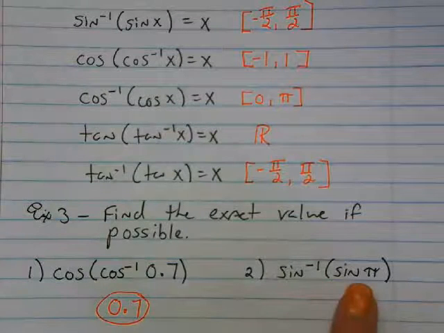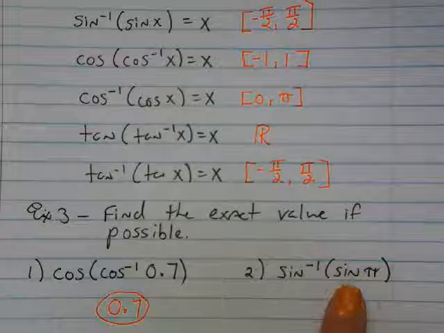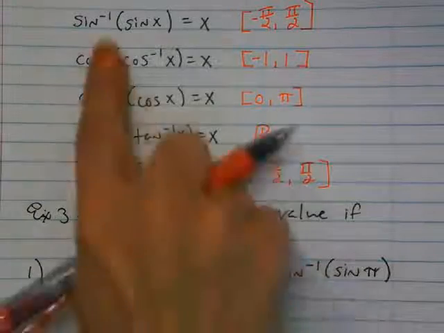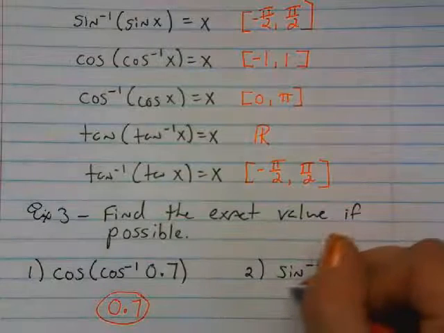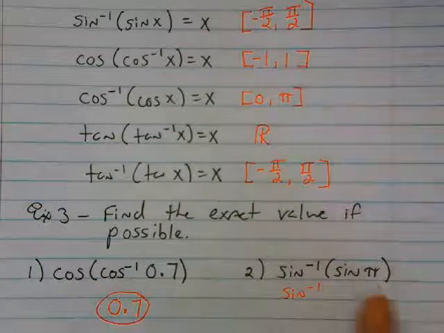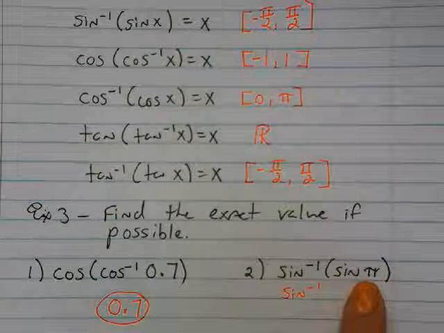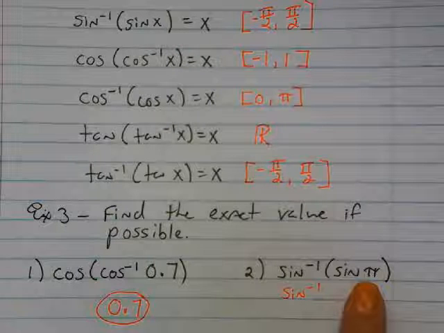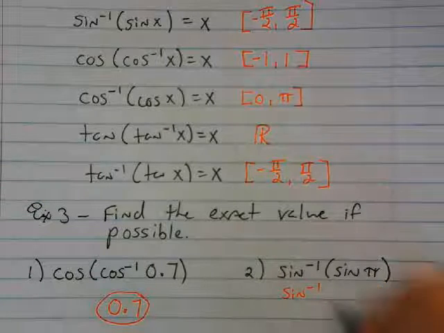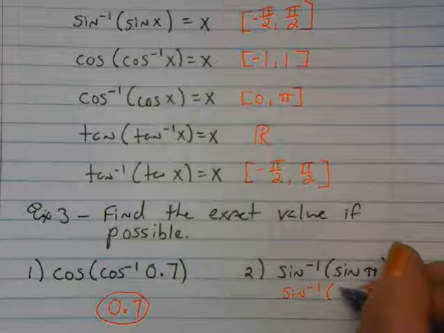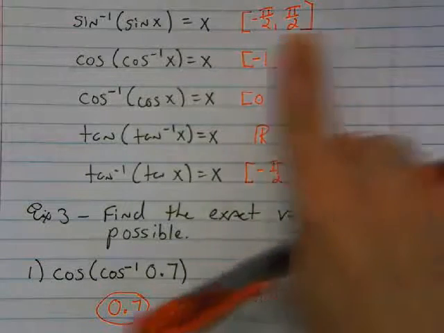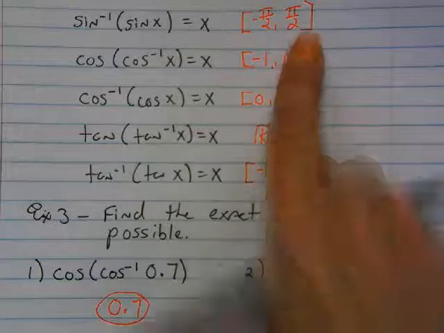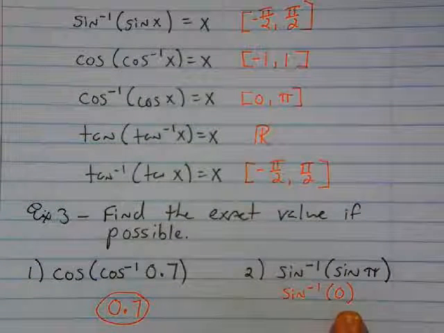It originally looks like you would say no, because you go up here and you say, hey, pi isn't in that range. This one is super tricky. First of all, what is the sine of pi? If you look at your chart, you know the sine of pi is 0. Now, does that fit in my range? Yes, it does. So even though at first glance it looks like this doesn't exist, it really does.